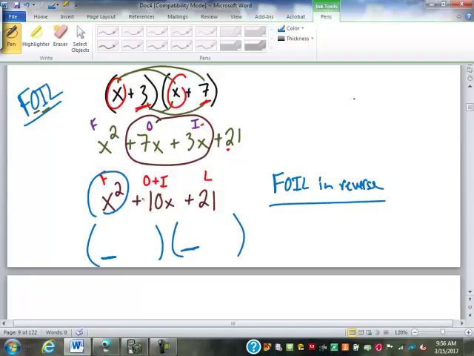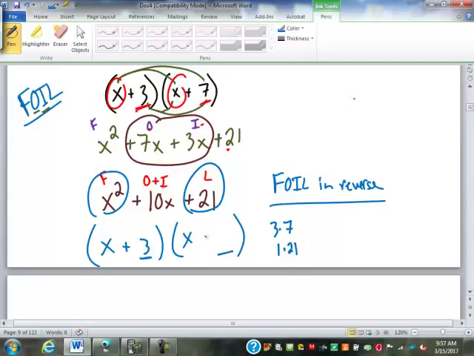Well, that's telling me that those two digits have to be what? X times x would make x squared. I know that these last two digits have to multiply to make 21. That gives me a couple options, only a couple. I could have 3 times 7 or 1 times 21.